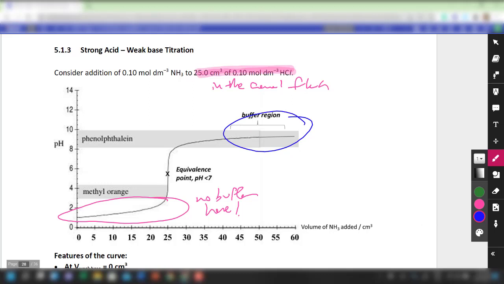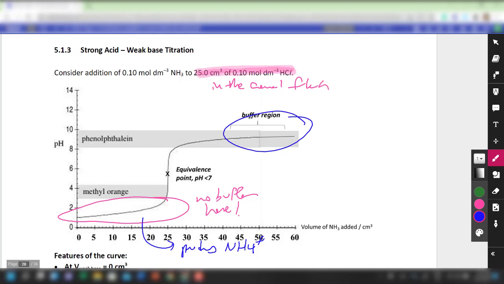So whenever you add in aqueous ammonia, the ammonia will completely react with the strong acid to give you ammonium. So over here, you are producing ammonium. There is no ammonia present because any ammonia you have added would have reacted with the H+. And you need a combination of ammonium and ammonia to produce a buffer. So there is no buffer at the beginning.